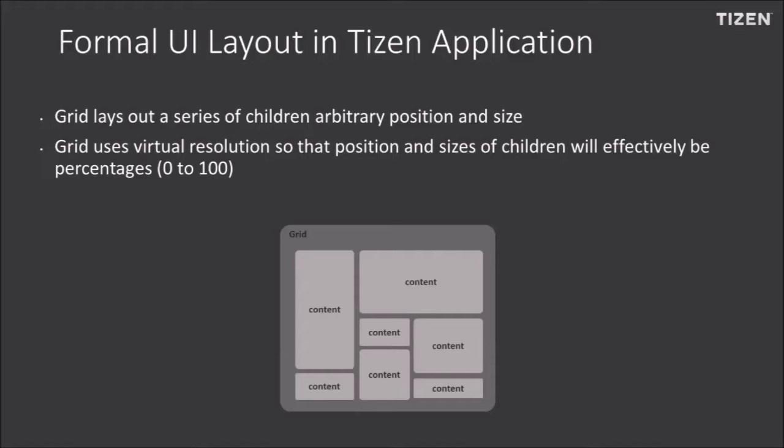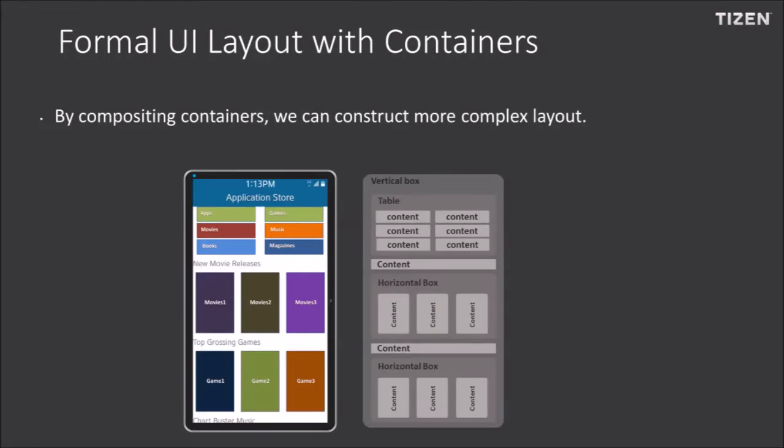Therefore, your content inside the grid will be scalable. Whenever the size of a grid widget is changed, the content position and size will also change according to the grid. Until now, we have looked at the basic containers in EFL. If we combine these containers together, we can construct layouts more efficiently.